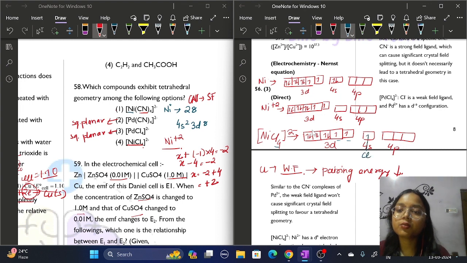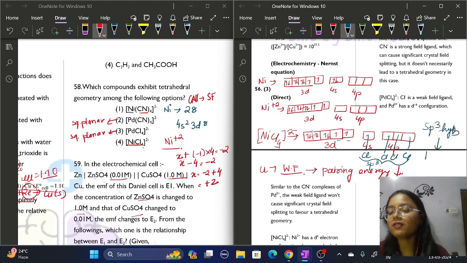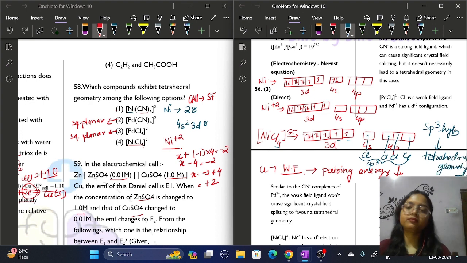Here: 1 Cl, 2 Cl, 3 Cl and 4 Cl. Therefore, it will have sp3 hybridization, which means it will have tetrahedral geometry. So this is for question 58.